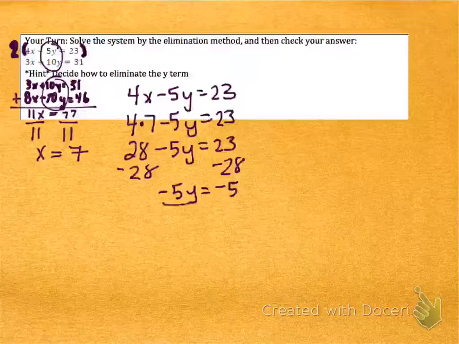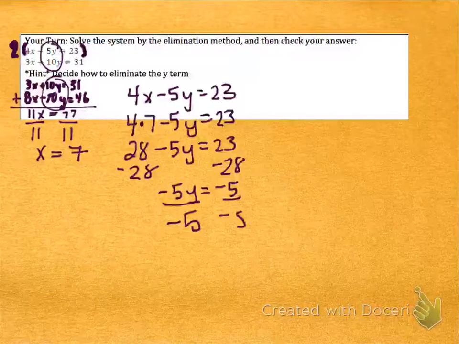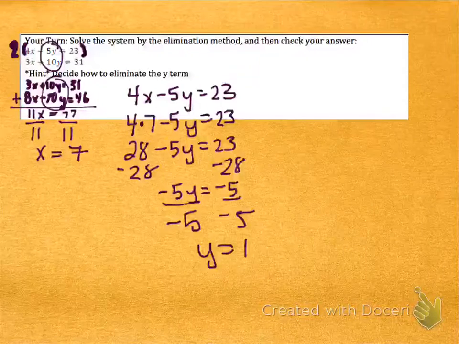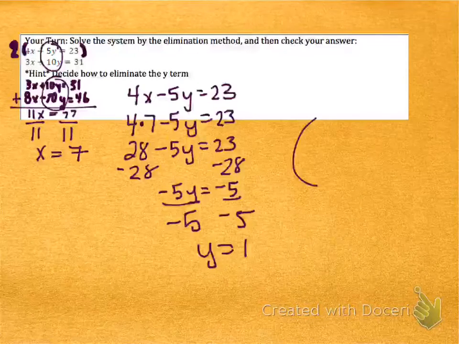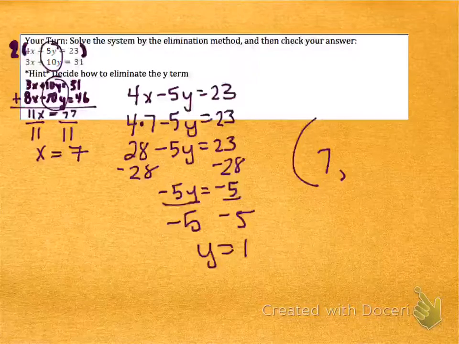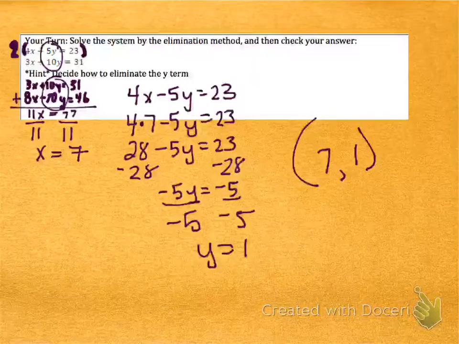And as I do that, I get y is equal to 1. Now I do want to check, so you want to plug those back in and make sure that your ordered pair of 7, 1 works in both equations.